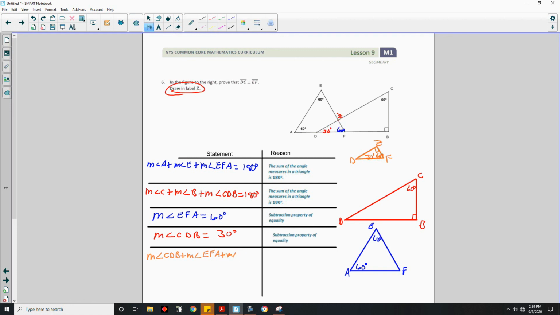Alright, measure of angle DZF equals 180 degrees. Reason? The sum of the measures of the angles of a triangle add up to 180 degrees.